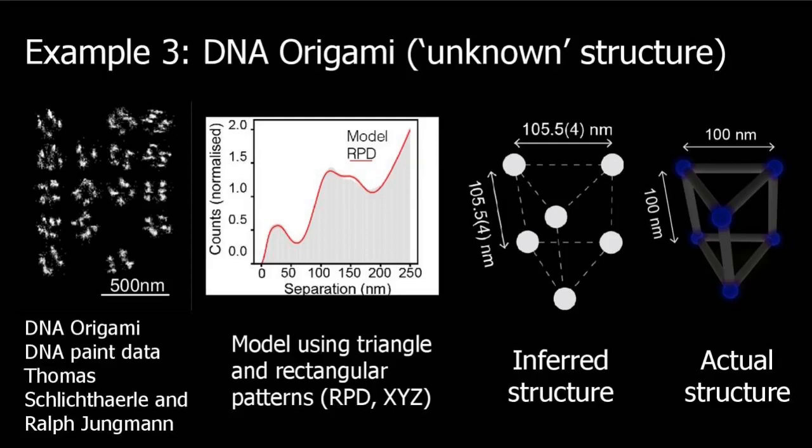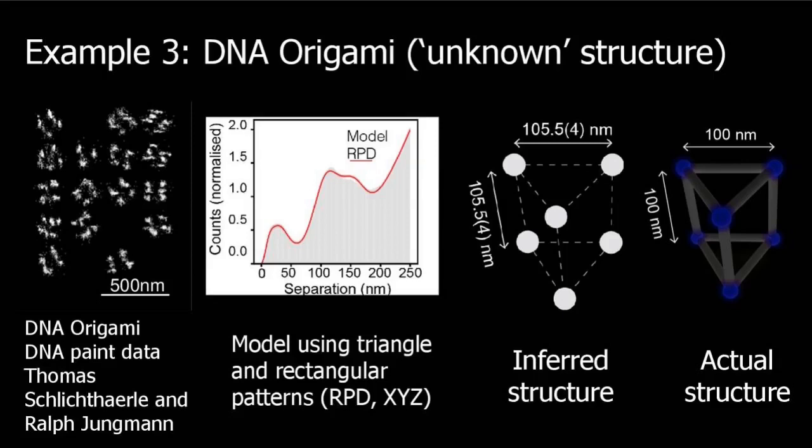So, of course, we know something about DNA origamis and what they're likely to be. So Alistair constructed some models with various different patterns and then created these model RPD plots, and eventually was able to work out that this was the underlying structure. And when we went back to the Jungmann group and said, this is what we think it is, they said, yes, that's what it is.